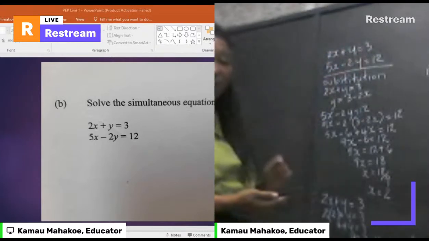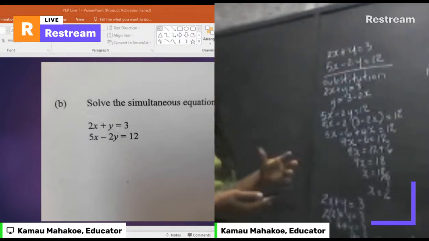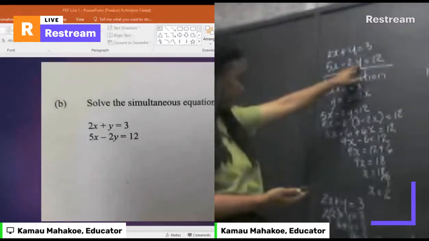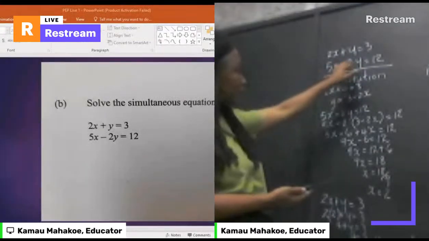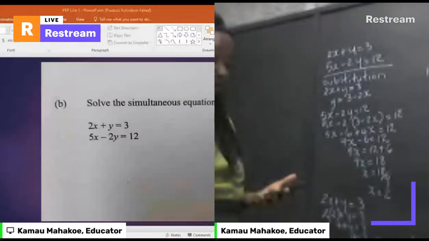So the top equation checks out, but we can't be satisfied with that. We have to make sure both equations check out. 5 times 2 is 10, negative 2 times negative 1 is positive 2, we get 12. So we know that our answers are correct.